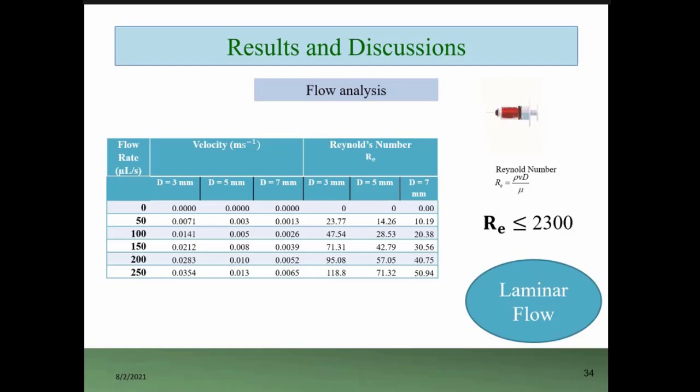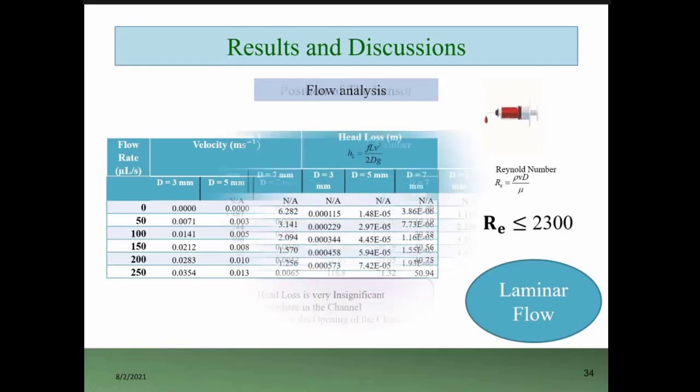And here we can see that in every diameter of channel for these flow rates of the fluid, the Reynolds number that we have calculated is extremely less than the 2300 value. That means we can say that the flow used in the channel of the sensor is laminar flow.